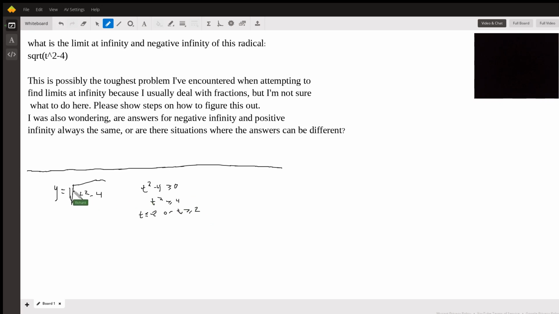Now, that's our domain. The range here, because this is an implied positive, the range y itself would be greater than or equal to 0.